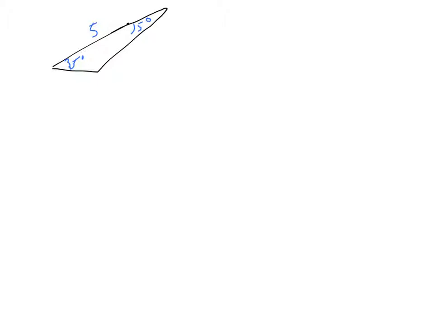And I want to go ahead and solve this triangle right here. And then let's say this is side B, and this is side A, right, and this is angle C. Let's make that look a little more like a 15.